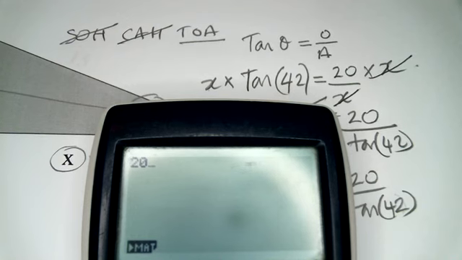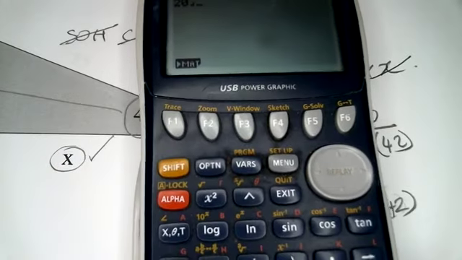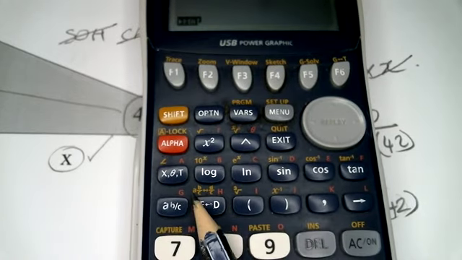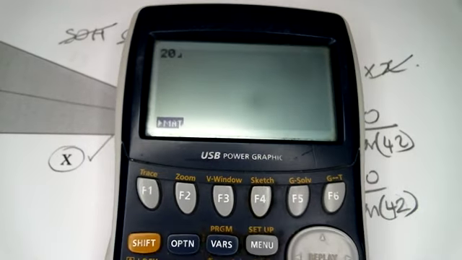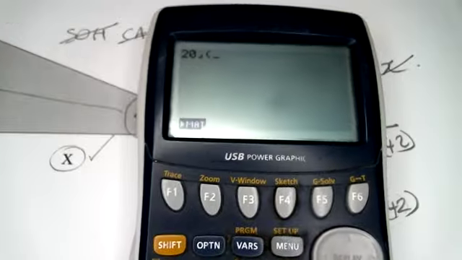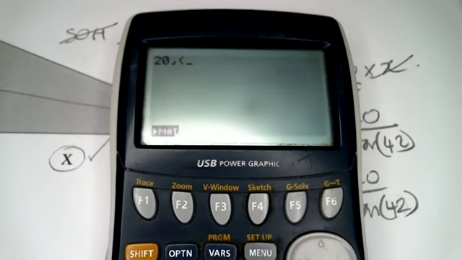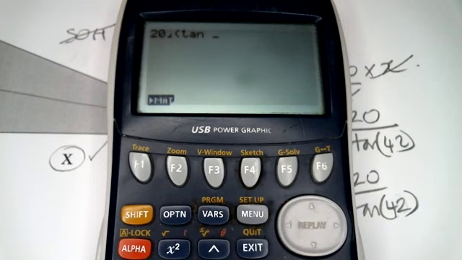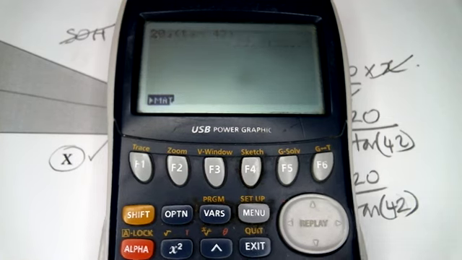At 20, I'm going to use the fraction key over, and the fraction key was this key here, and that makes that little mark appear on the screen. 20 over, and I'm going to put in brackets tan 42. Notice, of course, I don't have to have the actual 42 in brackets. And what does that come to? It comes to 22.21.